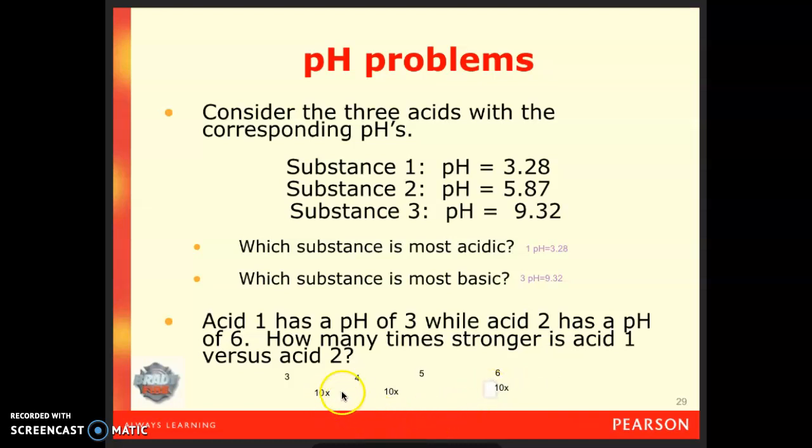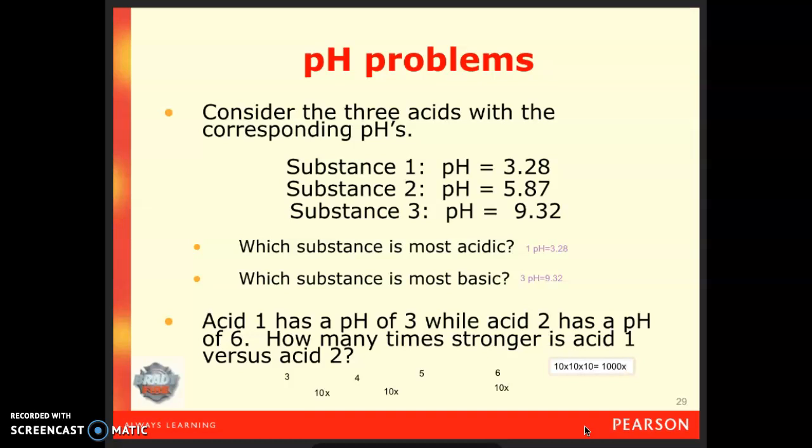So 3 is 10 times stronger than 4, 4 is 10 times stronger than 5, 5 is 10 times stronger than 6. So the answer here, again, is 10 times 10 times 10. So what we're talking about is 1,000 times the difference between pH 3 and pH 6.